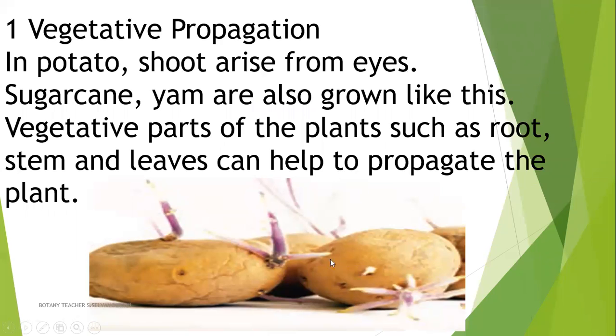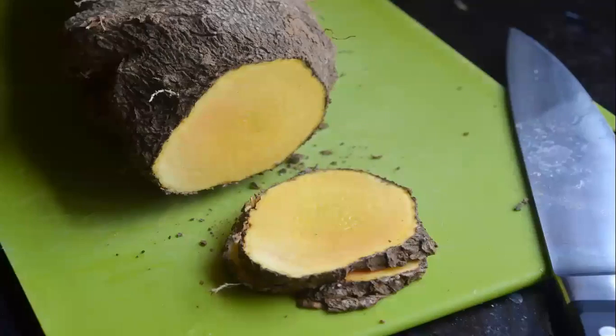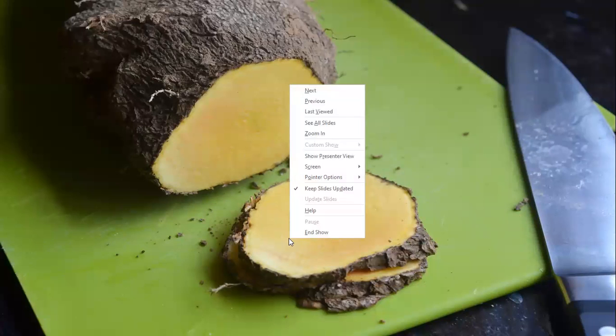This is a potato tuber. From this potato tuber, the eyes develop and form a new potato plant. Sugarcane and yam also reproduce by asexual reproduction.